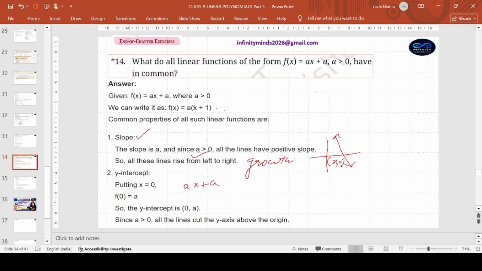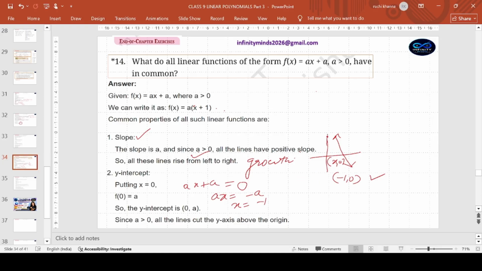Number of times I've been talking about this, okay? When it is meeting the x-axis, the y would be 0. That means you want to put the value of the function equal to 0. That is ax = -a, x = -1. So you will get that it passes through (-1, 0). That can be one way of our conclusion.